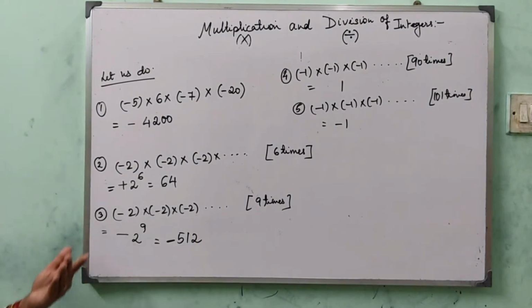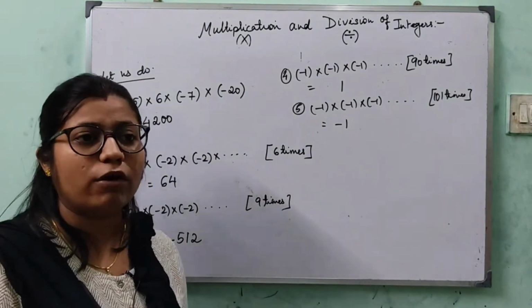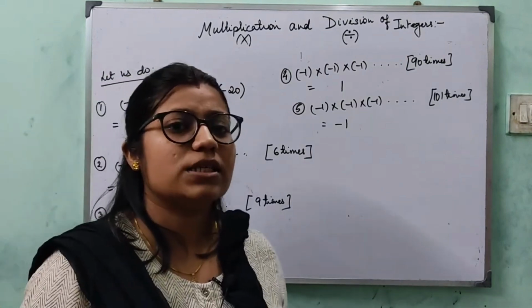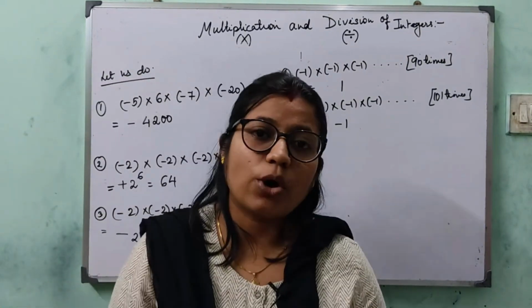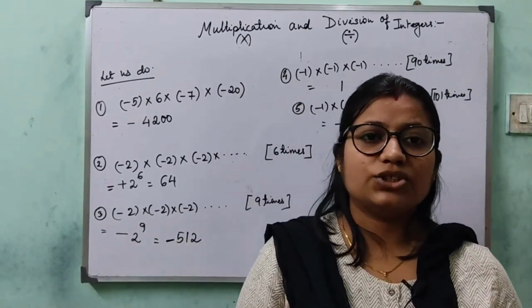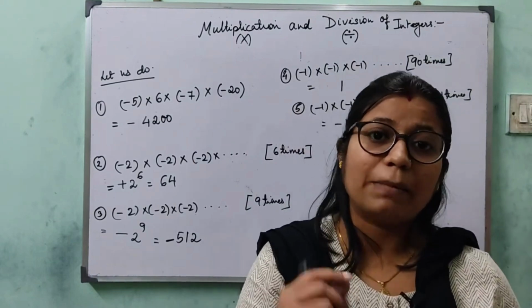So whenever you are given multiplication of a larger number of integers, just see how many negative integers are involved in that multiplication. The positive integers do not bring any changes in the sign of the product. It's always the negative integers. So if it's an odd number of negative integers involved in the product, then always the product will have a minus sign.